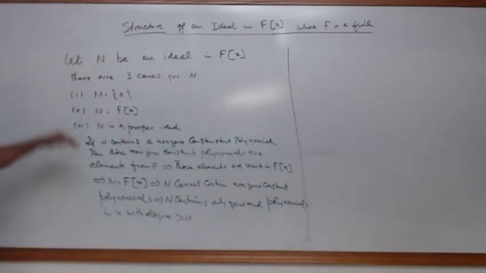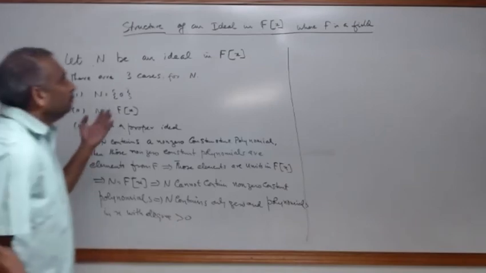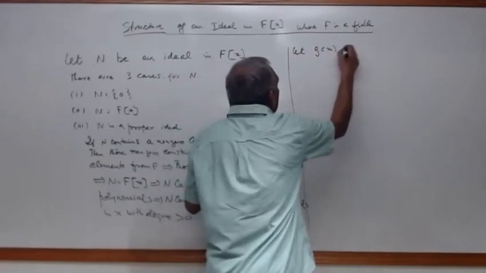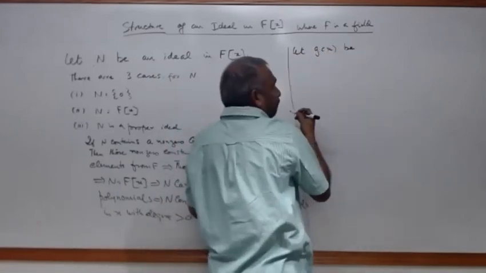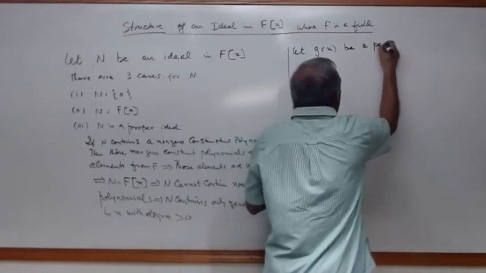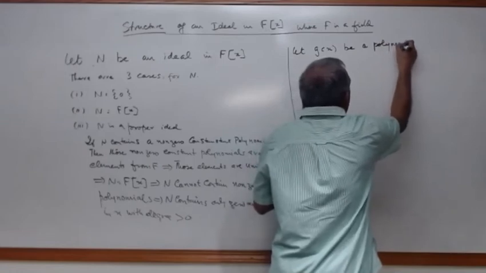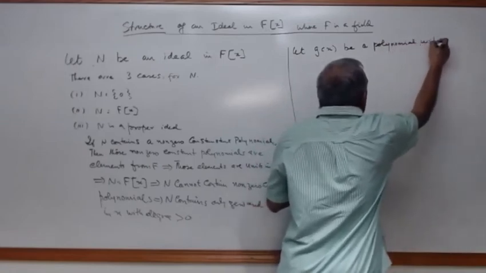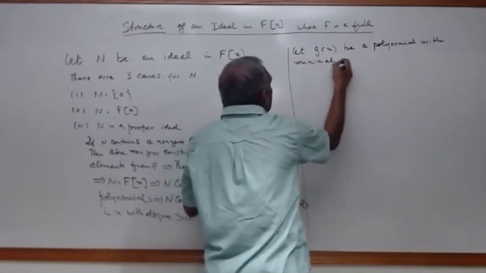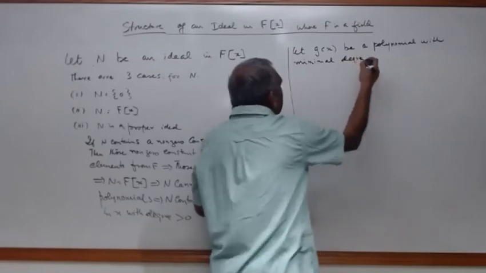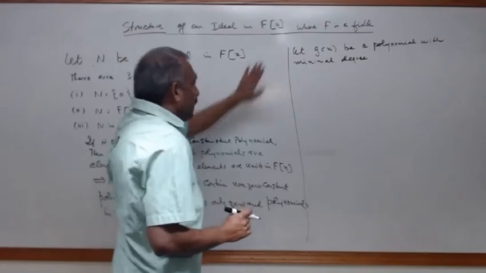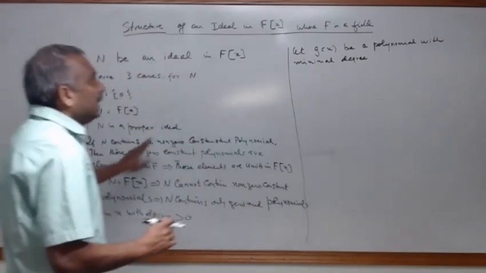Now we are going to apply the division algorithm. And before that, let g(x) be a polynomial with minimal degree. That means there is no other polynomial in N whose degree is less than this.